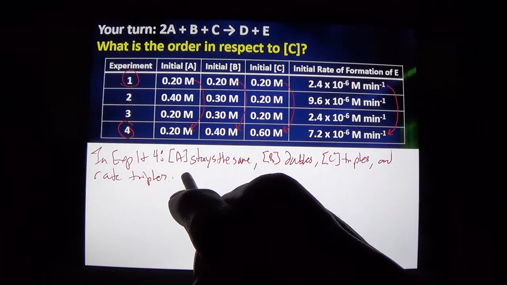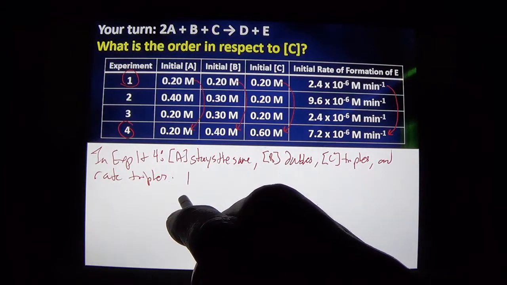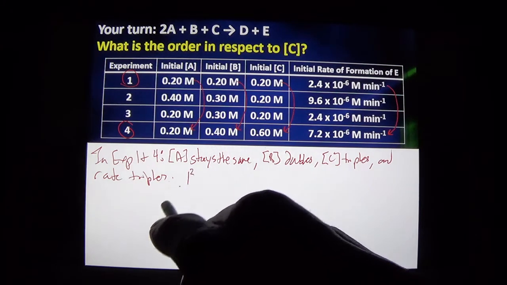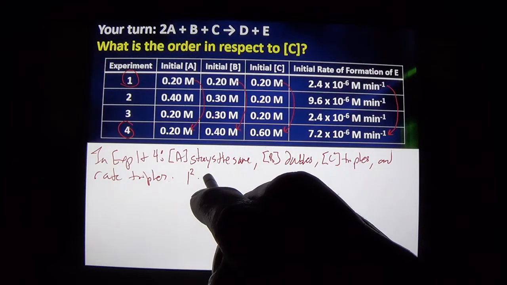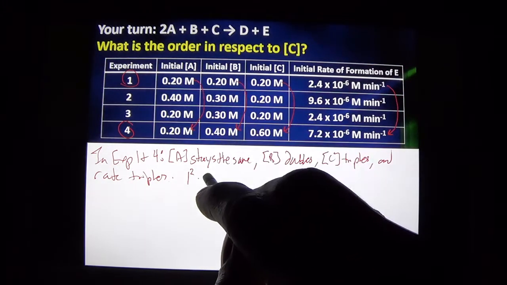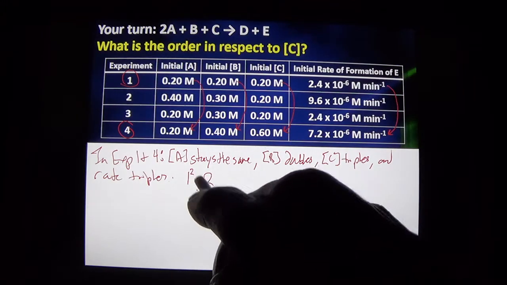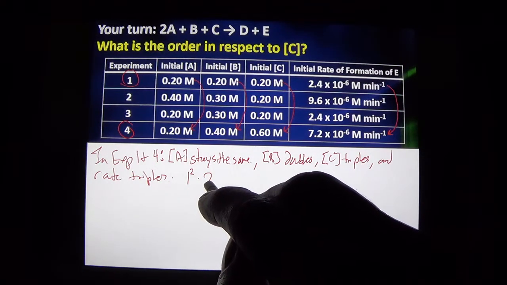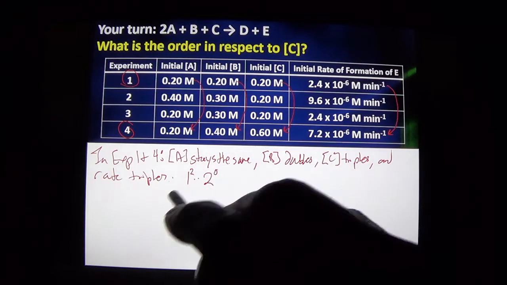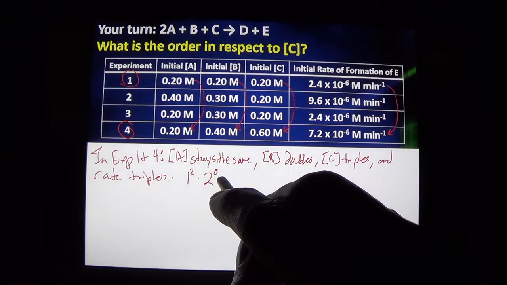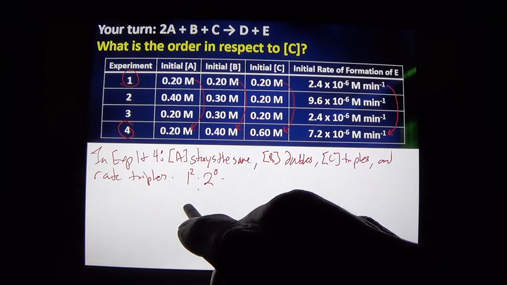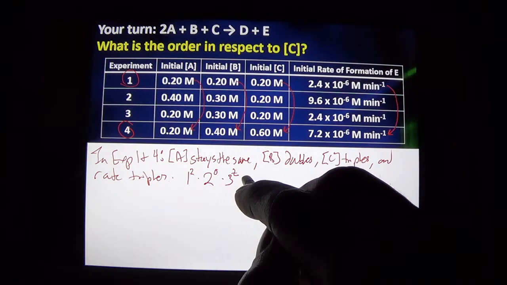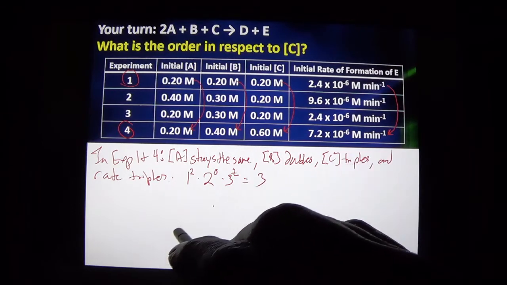Now let's look at the math. A stays the same, so A is a 1, and we've already determined previously the order of A is second order. B doubles, so we're going to put in a 2 there, but what did we previously determine is the order for B? Oh, we determined it 0. That's going to be useful. And then C triples, and I'm looking for Z, and I want to know if the rate triples.